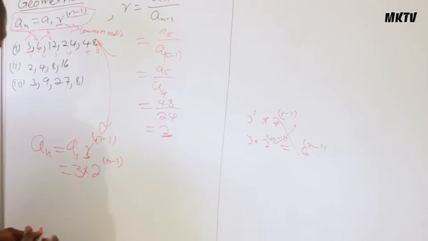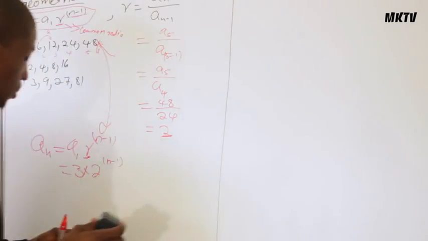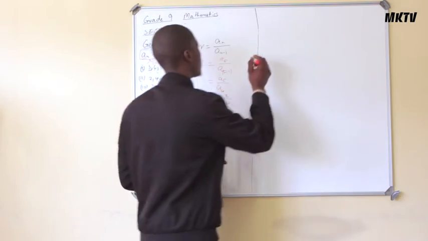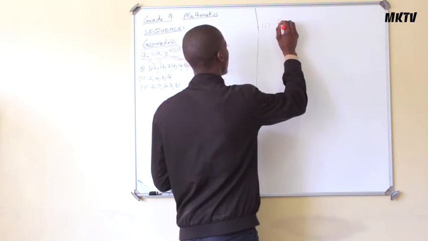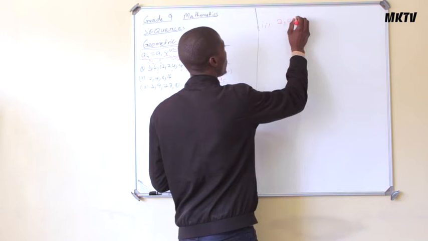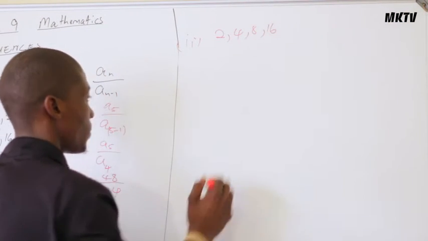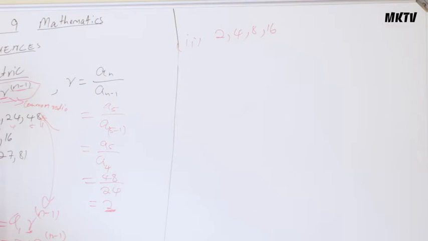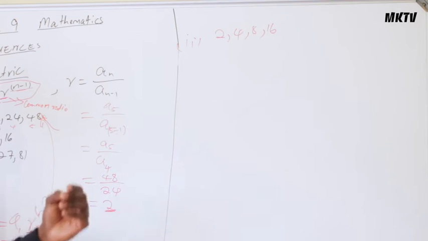So let's go to the next example, because the geometric is a bit tricky. For the second one we have 2, 4, 8, 16. You are now being asked to find the nth term for this particular sequence.